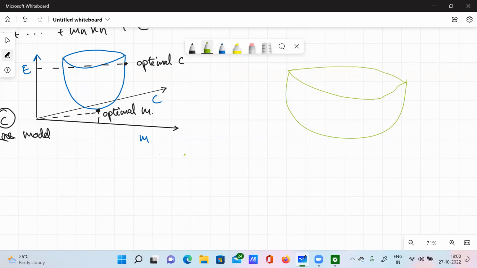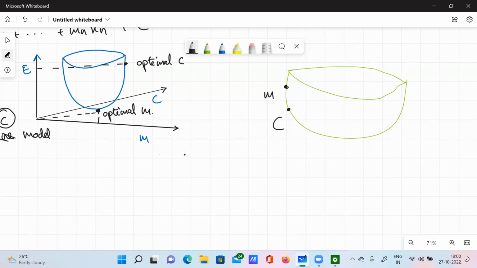Ignore my drawing skills, just focus on the content here. So this would be my random M value, and maybe this would be my random C value, right? It will assign the M value and the C value randomly when we run this linear regression.